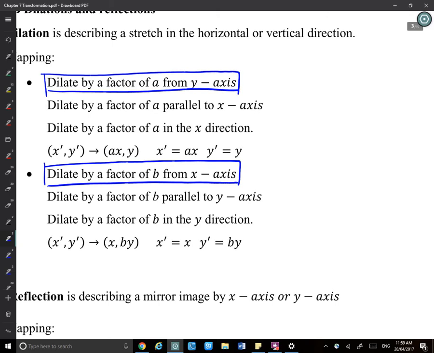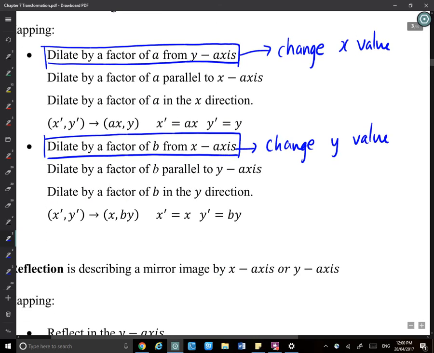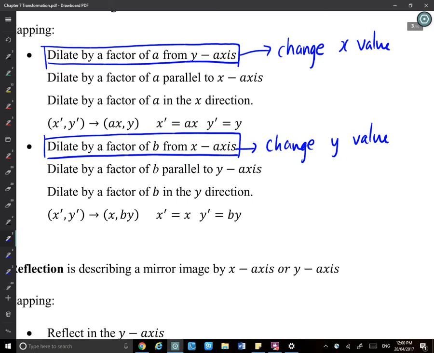It's actually changing the x. Have a look at the second one. Dilation by a factor of b from the x-axis. From the x-axis, stretch this way. It's changing the y value. So one is changing the x value and the other is changing the y value.